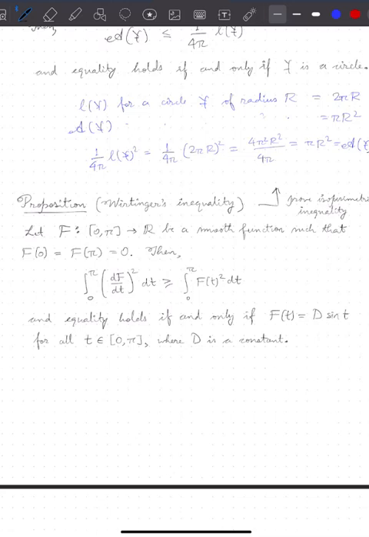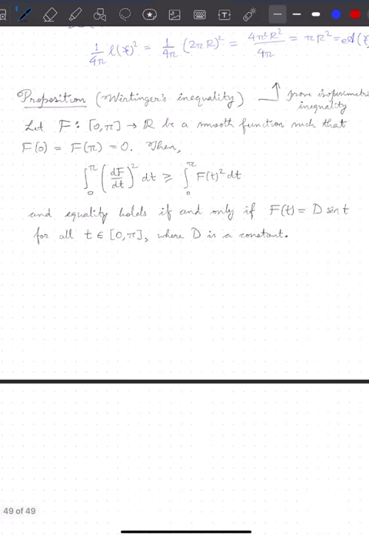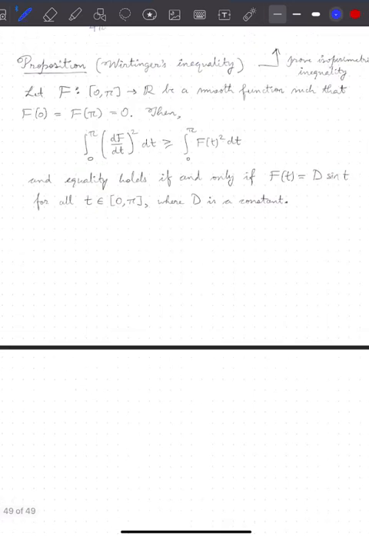And the proof is, of course, in Pressley. We are not going to do that due to the paucity of time that we have. So please find this proof in proposition 3.2.3 of Pressley's book.